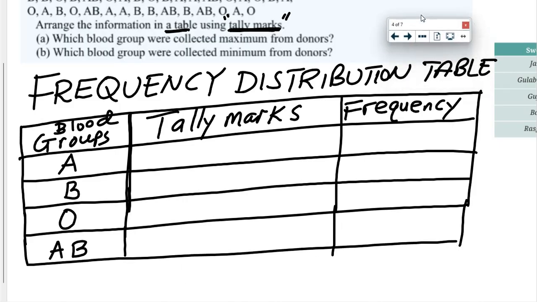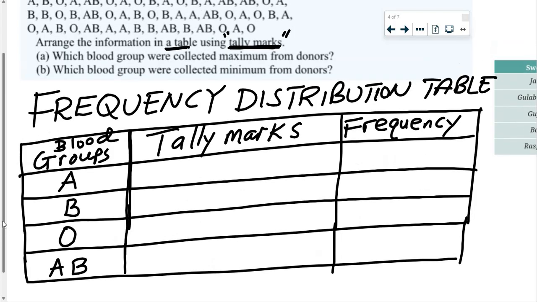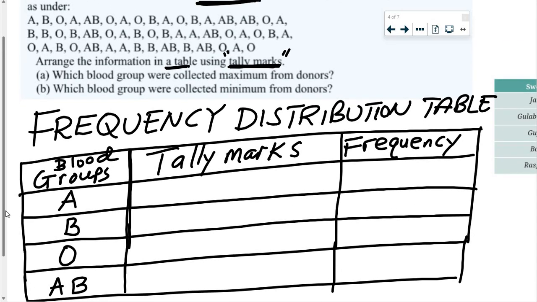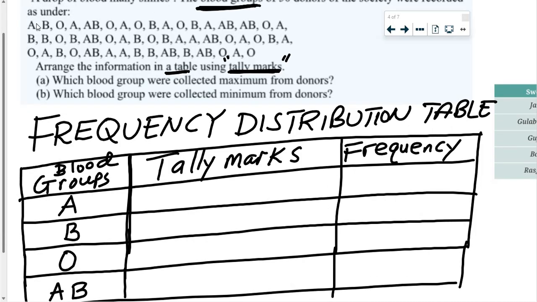Now we start counting the blood groups. We have blood group A, you cancel that and record it here. Blood group B, you cancel that and record it here, and you keep going.